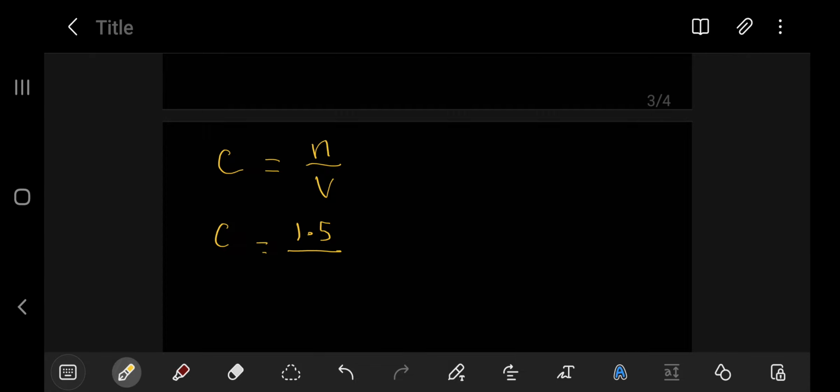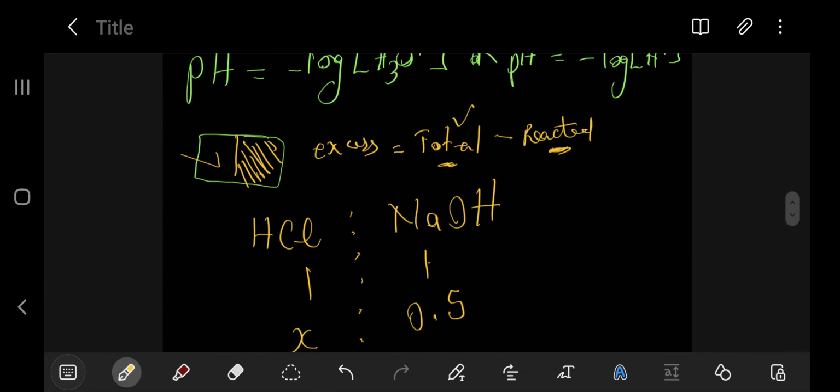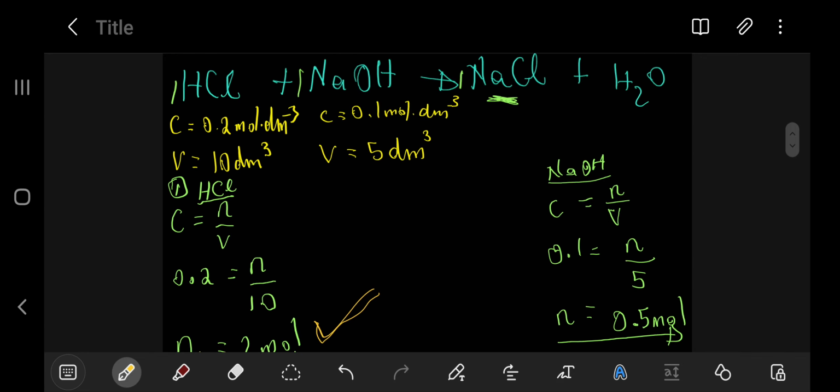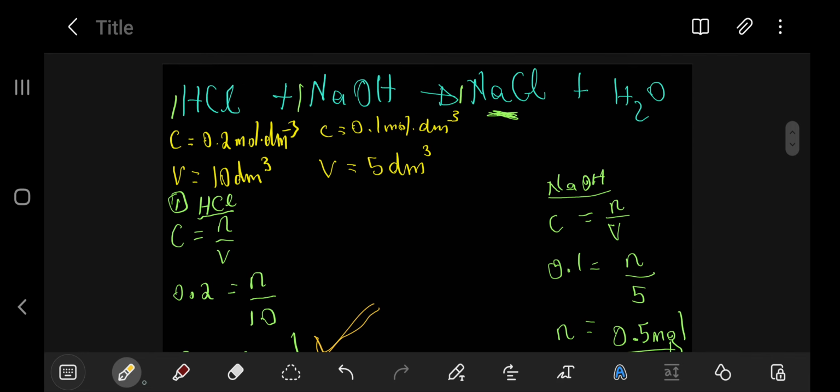And then the volume. Remember, we had the volume of 10, so add another 5. So the total volume now must be 15 cubic decimeters.